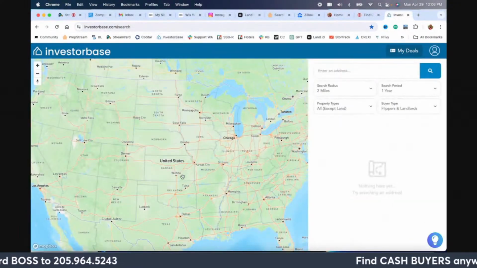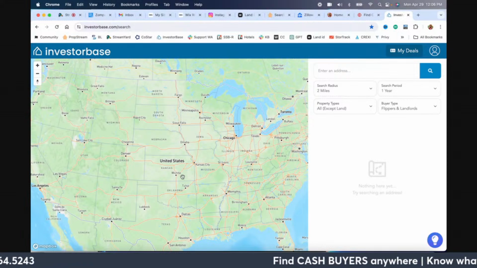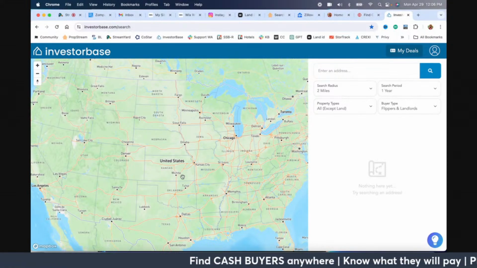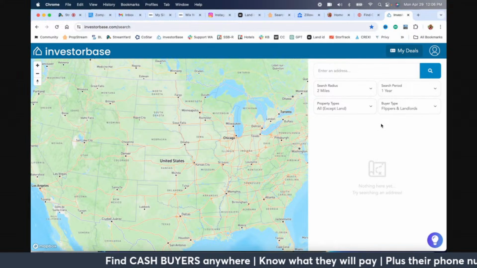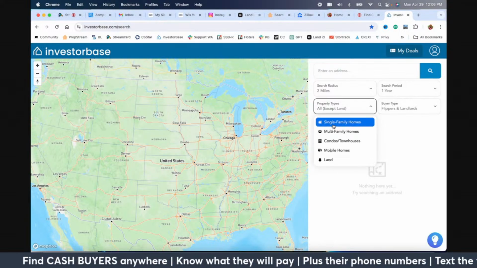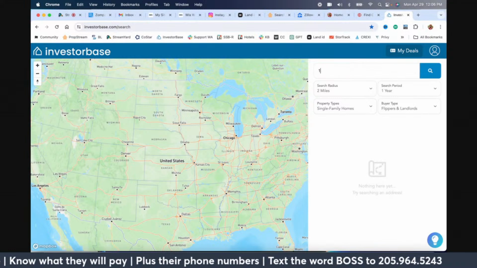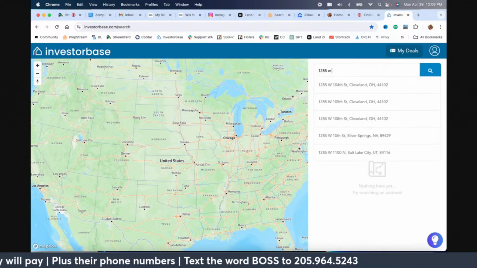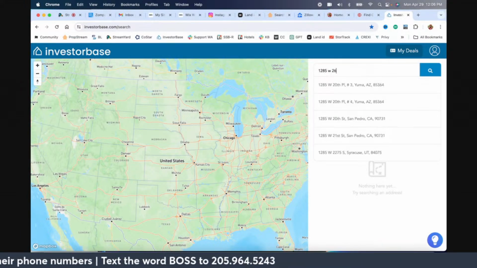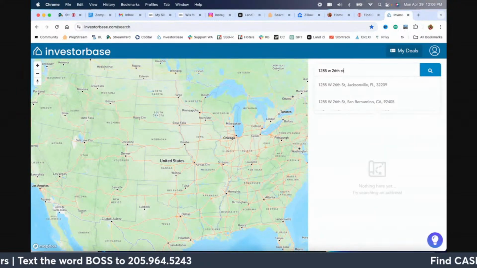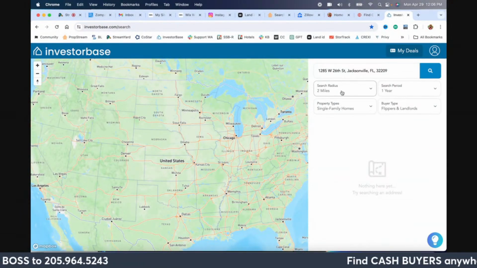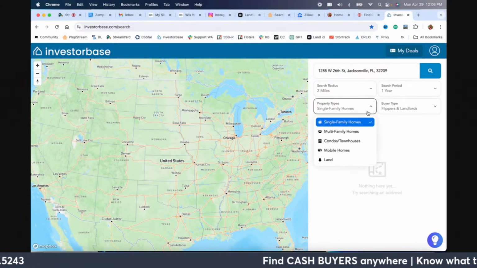All right. The next one is from Errol Jackson, and it's 1285 West 26th Street, Jacksonville, Florida. Okay, this is a house, I'm assuming.